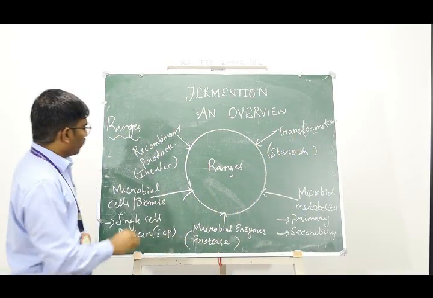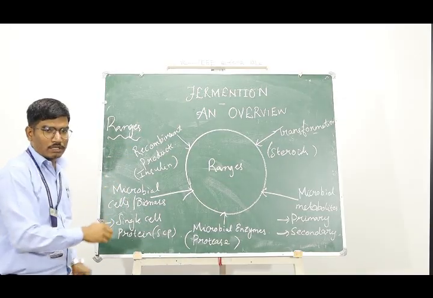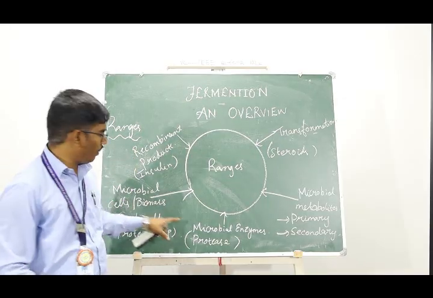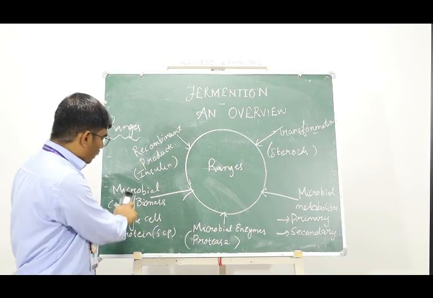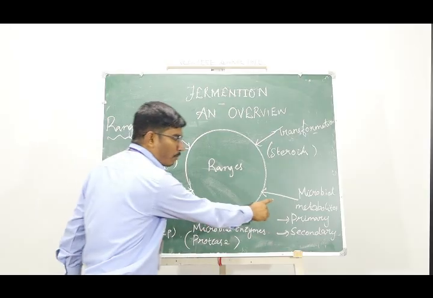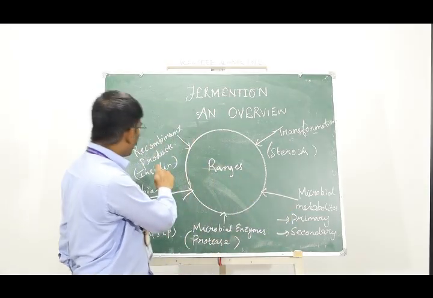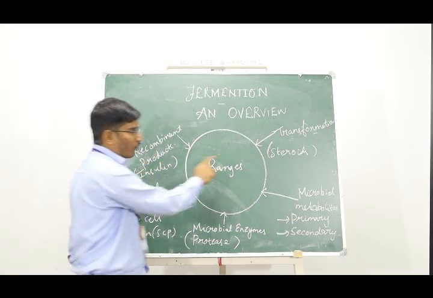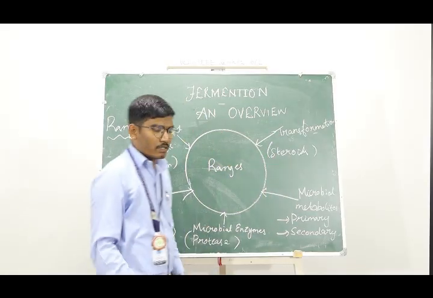So there are 5 different ranges by which fermentation can be varied. One is microbial cells or the biomass, the second is microbial enzymes, the third is microbial metabolites, the fourth is the recombinant product, and the final one is the transformation.